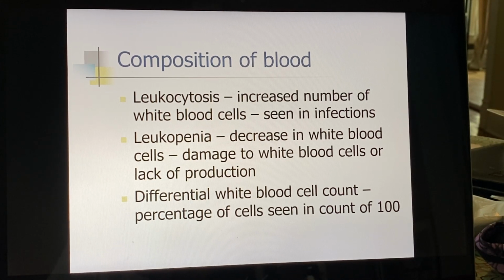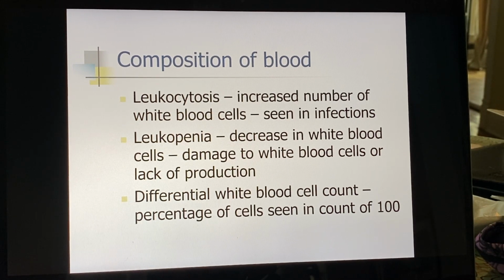If you see white blood cells above the 10,000 mark, that indicates leukocytosis, and that means your patient is fighting some type of infection, whether it's bacterial, viral, whatever it may be. So if a patient's lab report comes back with 18,000 or 25,000, that indicates an infection. So leukocytosis: increased number of total white blood cells.